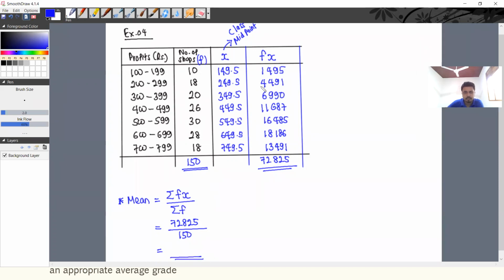The mean value or the mean profit should be, yes, 485.5. $485.5. Right.